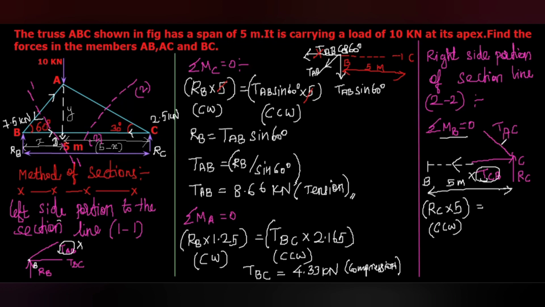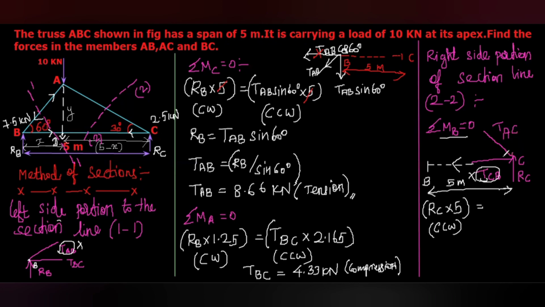As we mentioned in the previous method of joint, it may act upward or downward, that means outward from C or inward. If it is outward from C, it will act in second quadrant. Its vertical component will act upward again. So this moment made by the vertical component of TAC also will be counterclockwise. So that cannot counterbalance this counterclockwise moment made by the RC into 5.